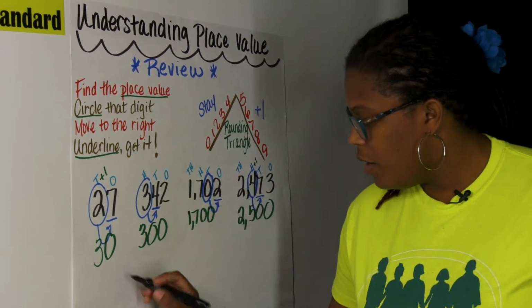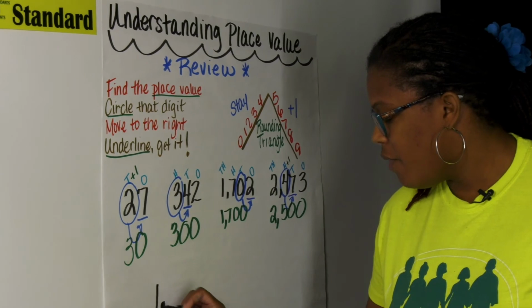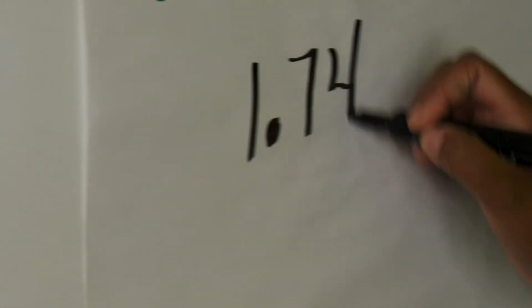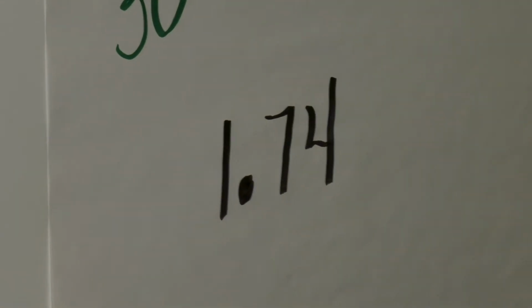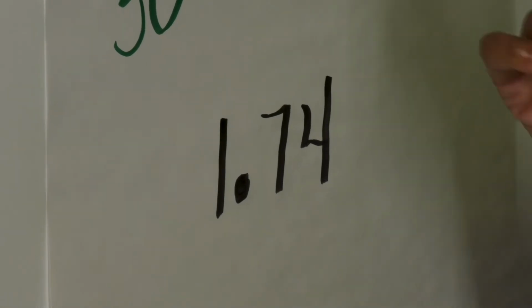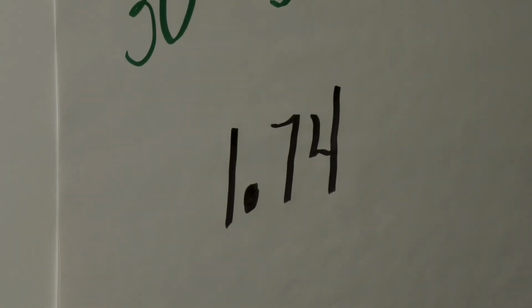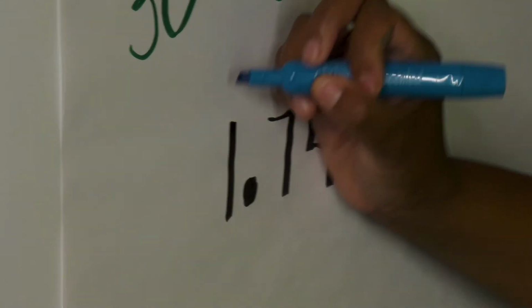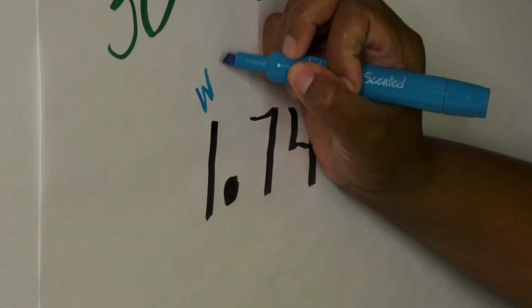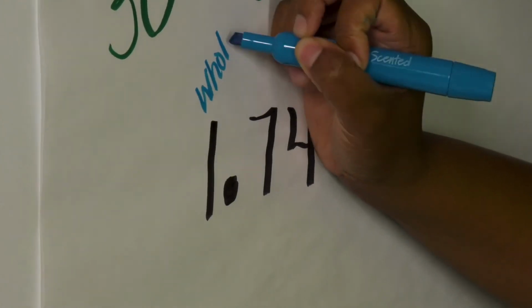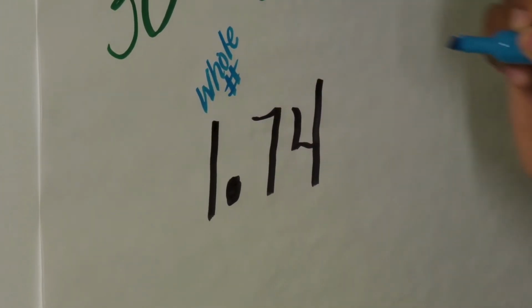Okay, remember, 5th graders, our decimals look a little bit different. Okay, so say for example, we have 1 and 74 hundredths. Remember, we practice how to read and write decimals, and how to understand what the place value is. So we have our whole number. I'm going to put a number sign for number.